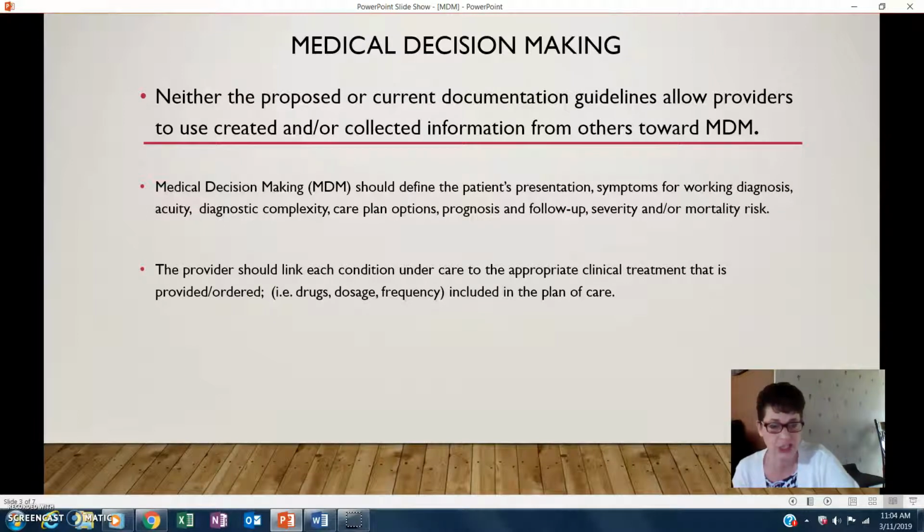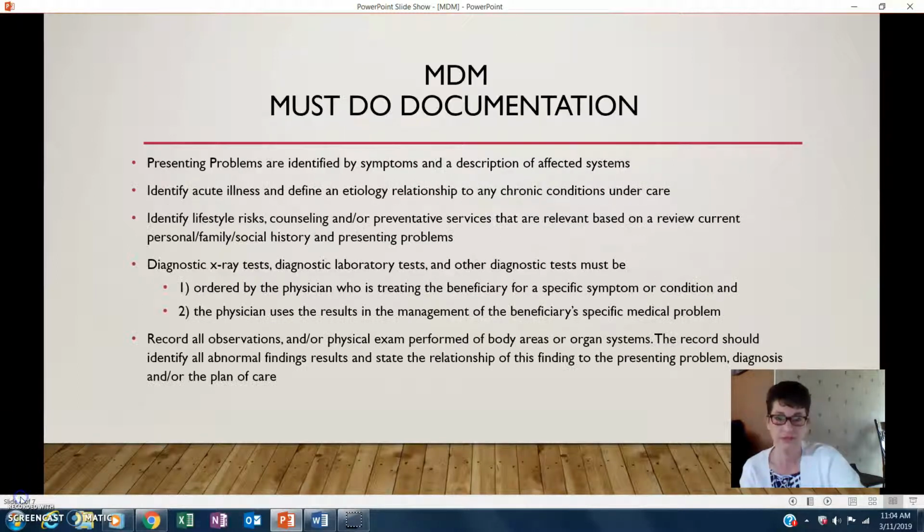Recording the medical decision making and medical necessity of each and every diagnosis or problem with a care plan and complete details will ensure proper payment as you move forward into the future under the alternate payment framework. So what are the must-dos for medical decision making?